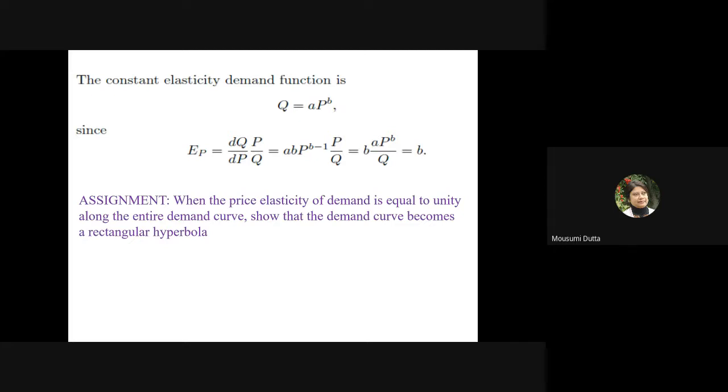Now I am talking about a particular type of demand curve where price elasticity of demand is equal to unity along the entire demand curve, whatever be the point. If you measure elasticity, the value is equal to 1. This kind of demand curve is called unitary elastic demand curve.